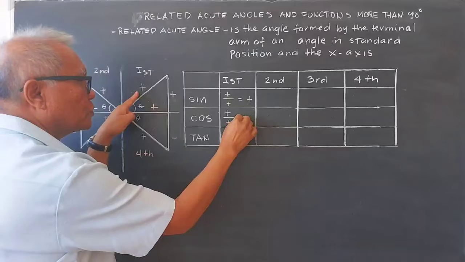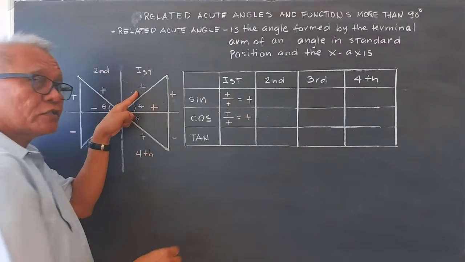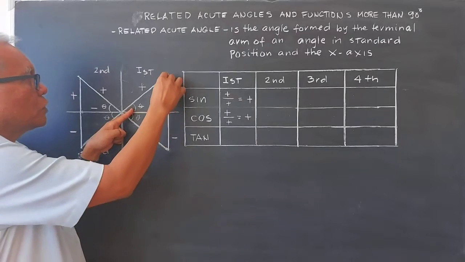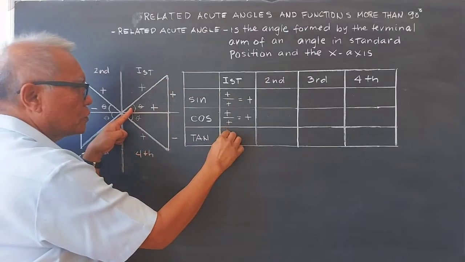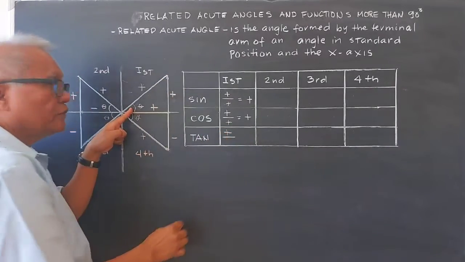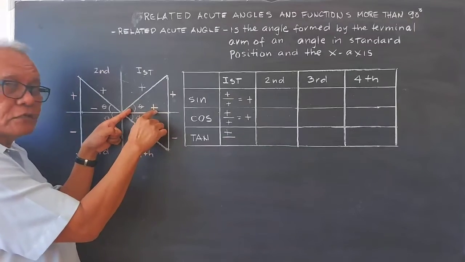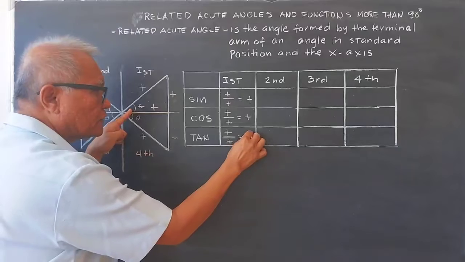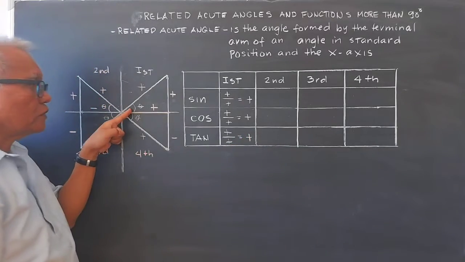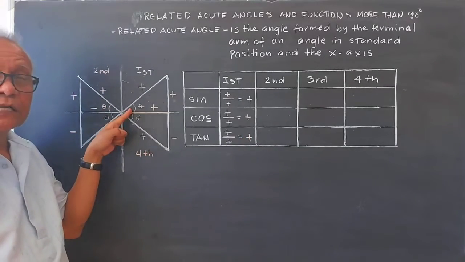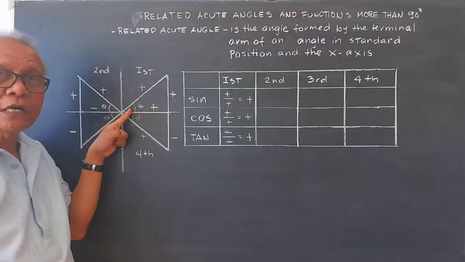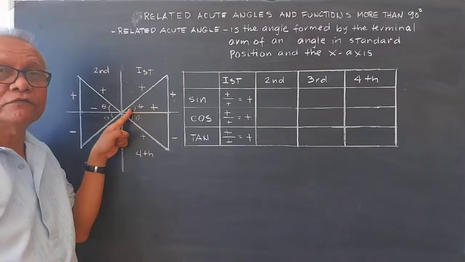So positive over positive is positive. Tangent is opposite, which is positive, over the adjacent, which is also positive. So the sign of tangent is positive. So in the first quadrant, all the six trigonometric functions are positive.